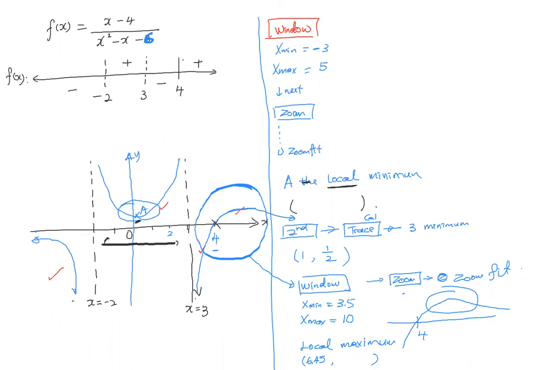Are you sure? Did you do second trace? Yes. Is your left bound here? And your right bound, your cursor is somewhere here. Because the turning point is not obvious, you make sure it must be at the going down part. Is it 0.084?